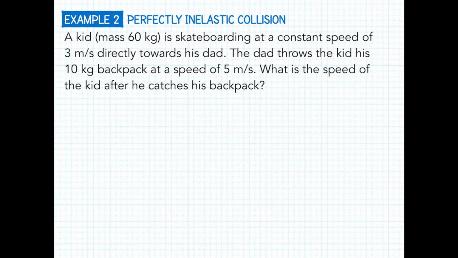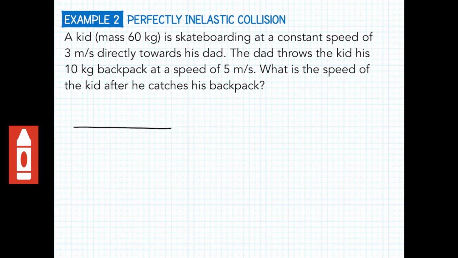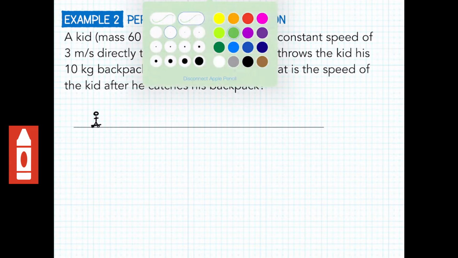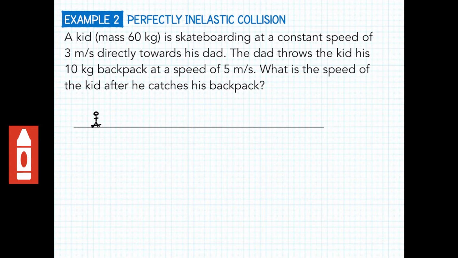Let me draw this out. Essentially, we have an initial and final condition. Here's the kid on a skateboard, and he's going this way at 3 meters per second. So call this VK initial, and that's going to be 3 meters per second.